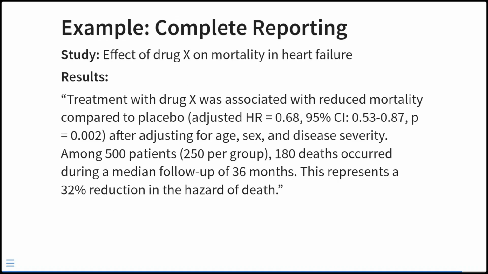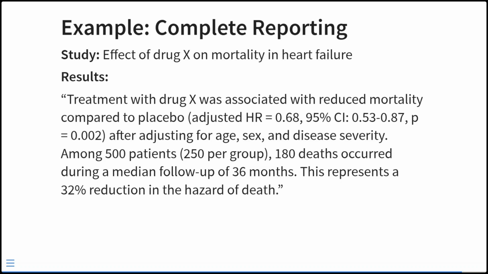So this is an example now. The effect of drug X on mortality in heart failure. So treatment with drug X was associated with a reduced mortality compared to the placebo. If you have an adjusted hazard ratio of 0.68, it means that treatment with drug X has a hazard ratio of 0.68. So those that take drug X have a lower risk of dying of 0.68 compared to those that took the placebo.